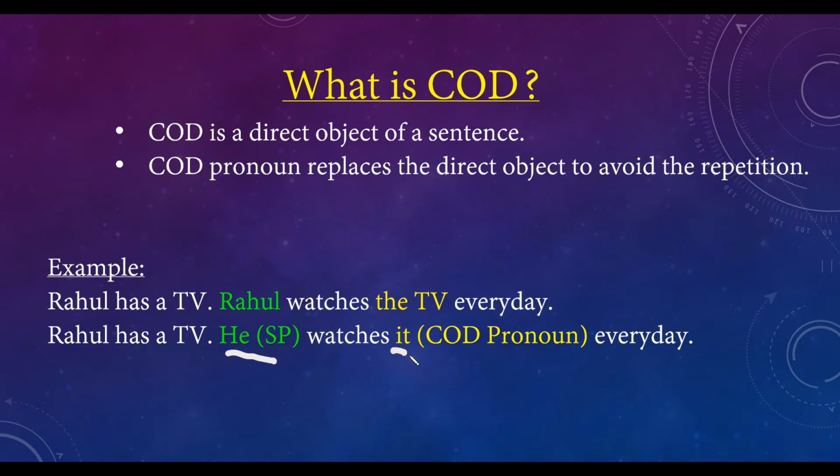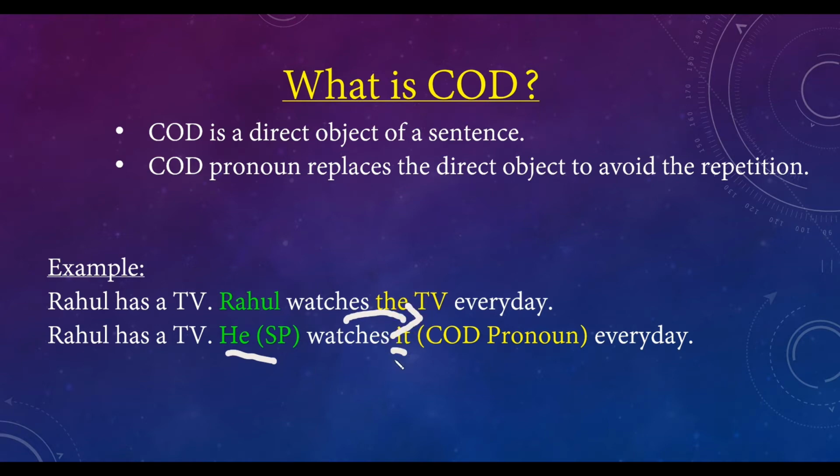Two things to note here. First, like we said, this is a direct object of a sentence. The pronoun replaces the direct object to avoid repetition. So I've used it to avoid repetition, and it is a direct object, meaning what? The verb directly acts on the object.